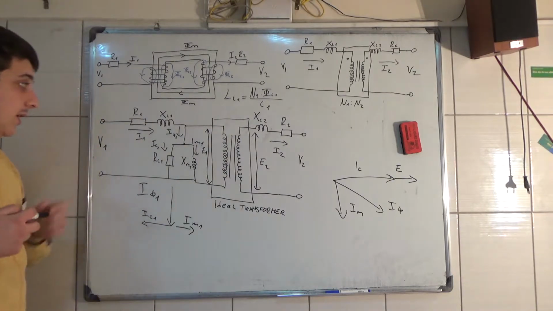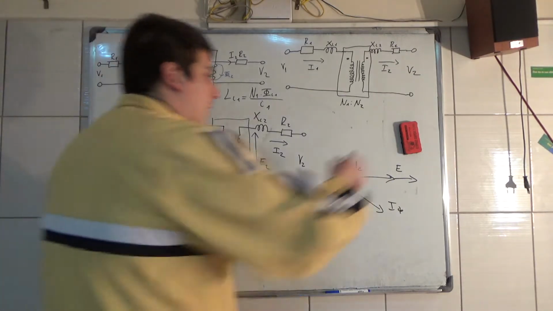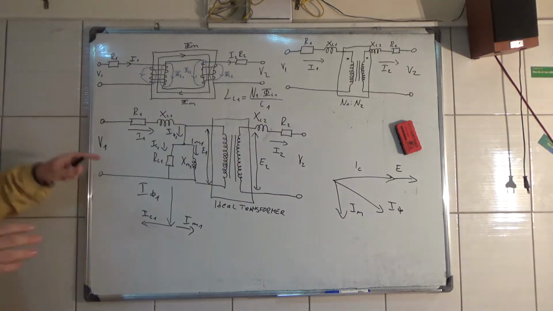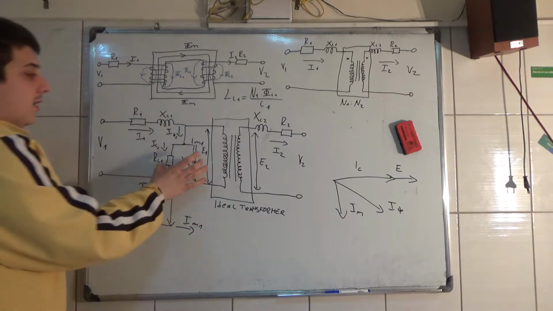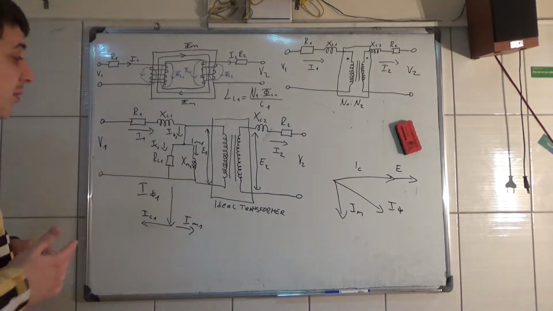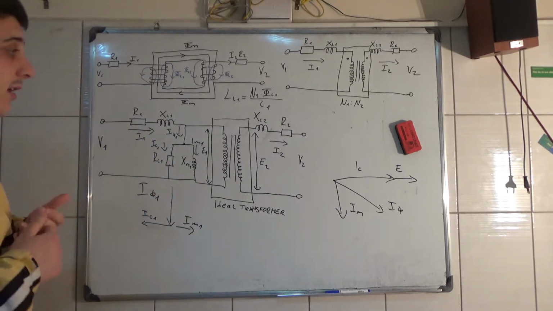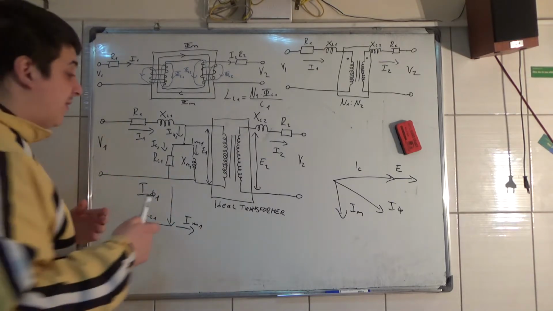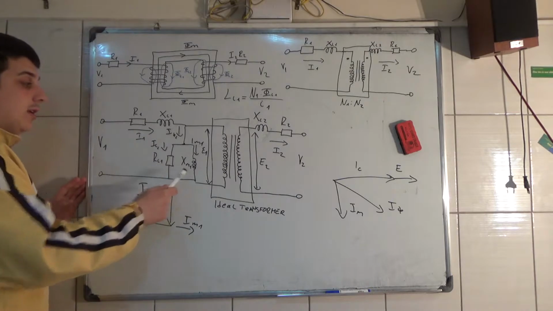Now, as you can see, this is usually very small, and it's hard to calculate it, but you'll see in my next videos what tests are performed to calculate this and this.